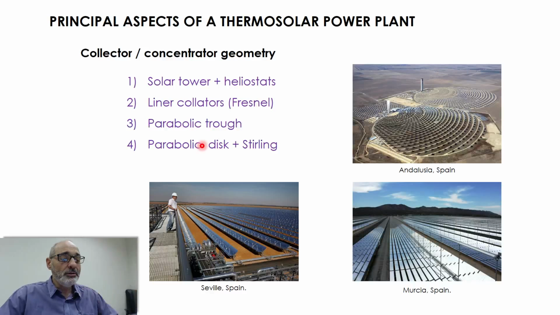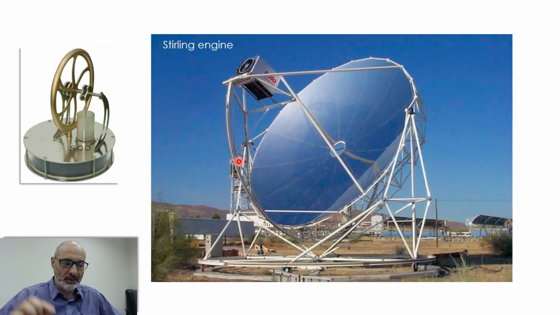You also have a fourth kind of system, which is different. I'm listing it here just for information, because it's not applicable for our situation. It is a parabolic dish plus a Stirling engine.